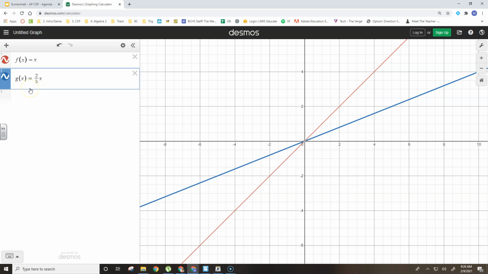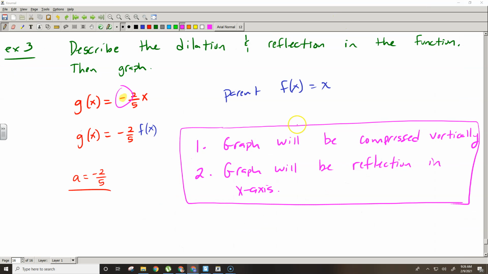Now you also could look at this and say, doesn't this look like a horizontal stretch? It looks like, if I think about a horizontal movement, I'm sort of stretching this out horizontally. And that is true, right? You could think of either transformation, and all I need you to do in this case is give me one of them. So if we look at those, these two things would be great. The graph will be compressed vertically, and the graph will be a reflection in the x-axis. But if we really analyze it, it's also the y-axis too.